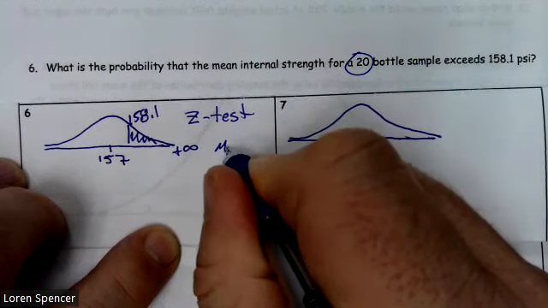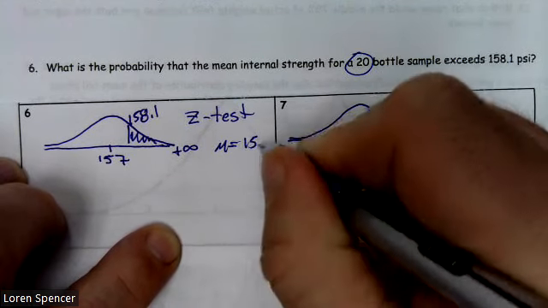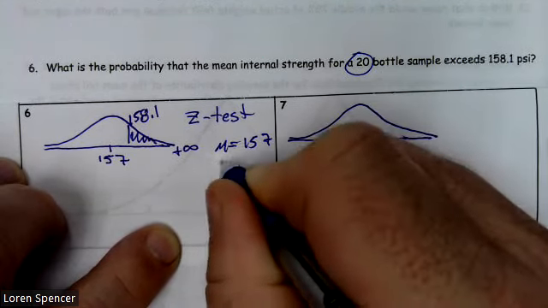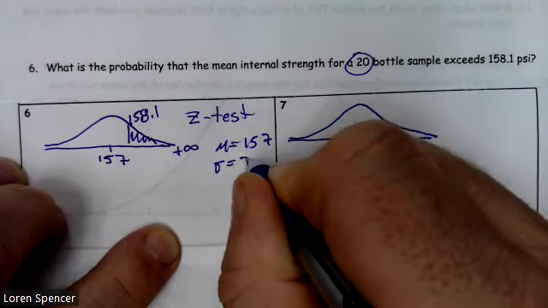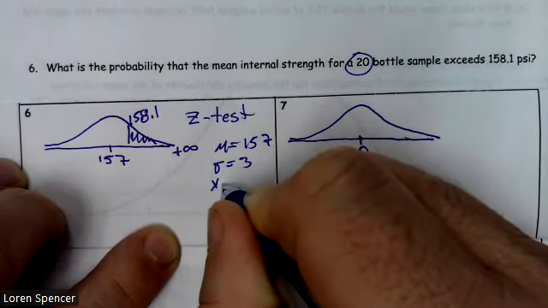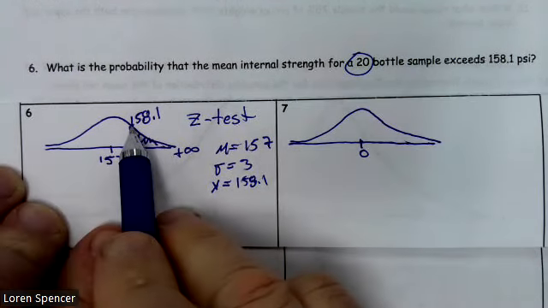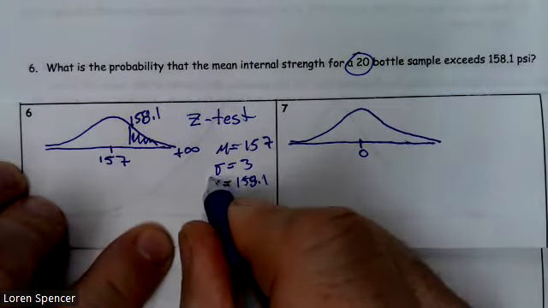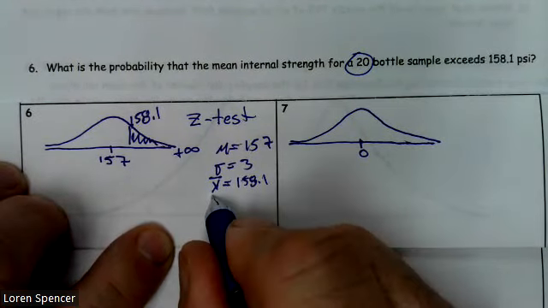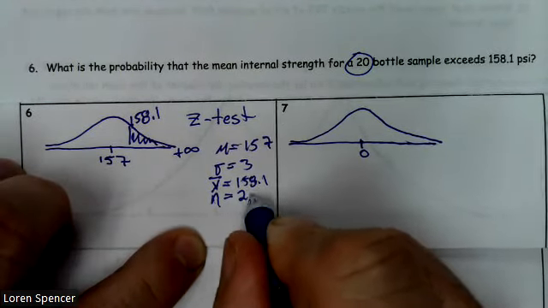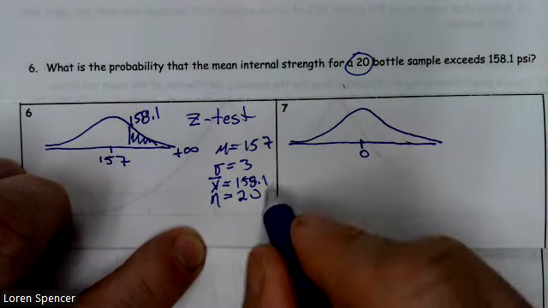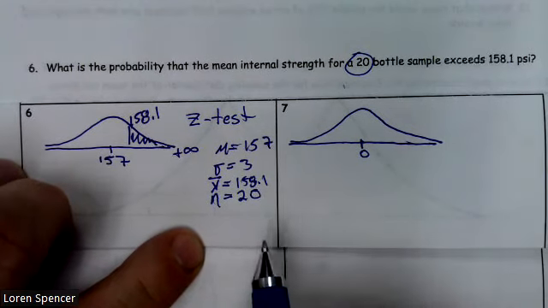Z-test, our mean is 157. Our standard deviation is 3. The X bar is the 158.1 where we're shading. The sample size in this case was 20, and we can use 20 because they told us the underlying distribution was normal.